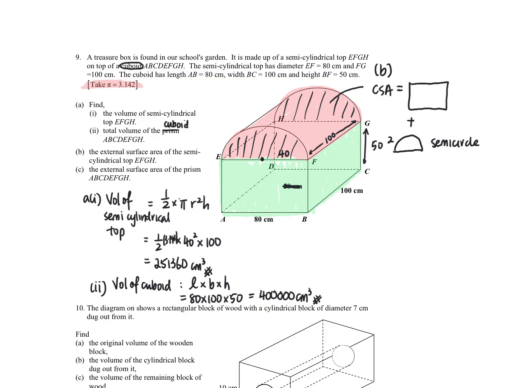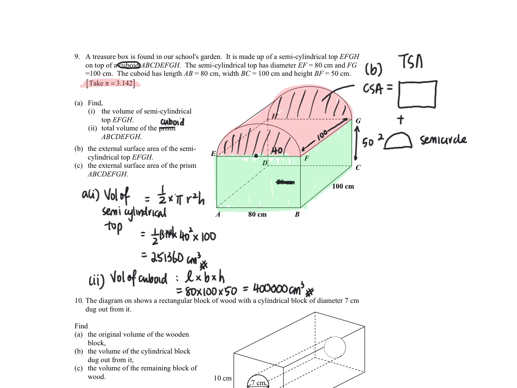The rectangle base cannot be counted. You can't touch it. So my total surface area would be this curved surface area, which is 2 pi r times the h. And this one is your radius. So let's go and calculate that.